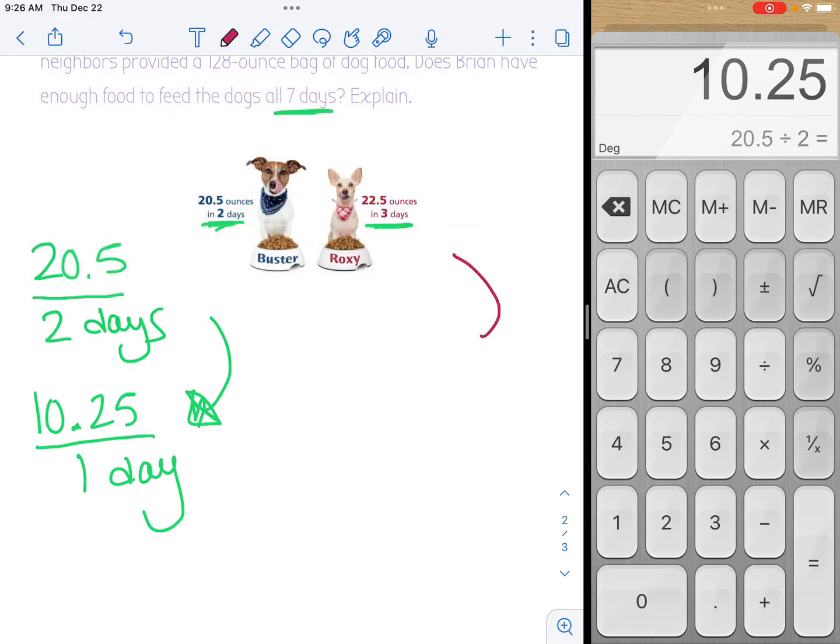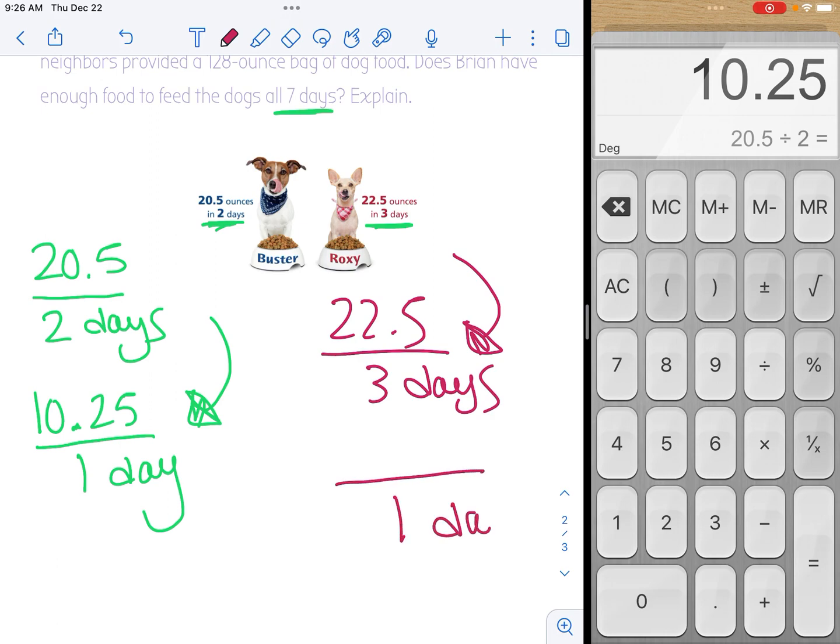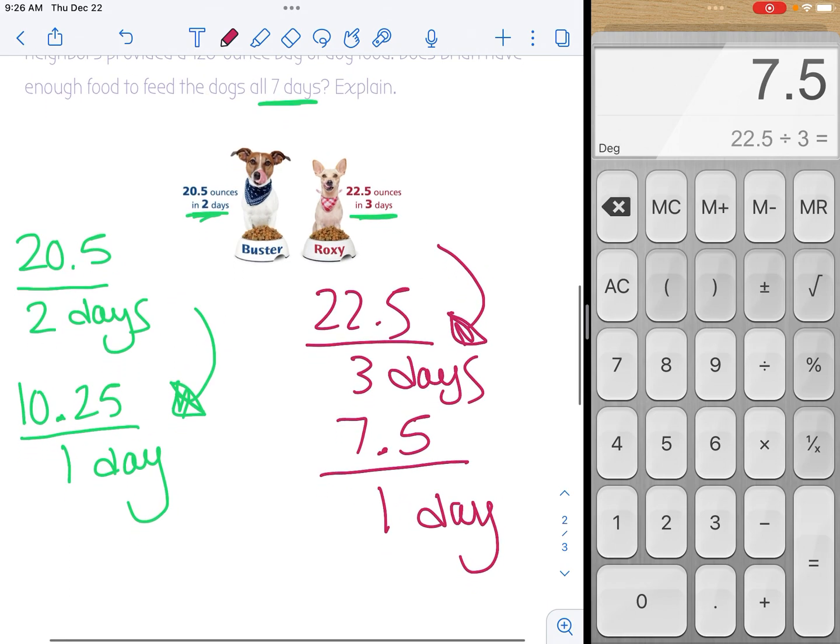And then for Roxy, she eats 22.5 in 3 days. So how much is she going to eat in 1 day? 22.5 divided by 3. She eats 7.5 ounces each day.